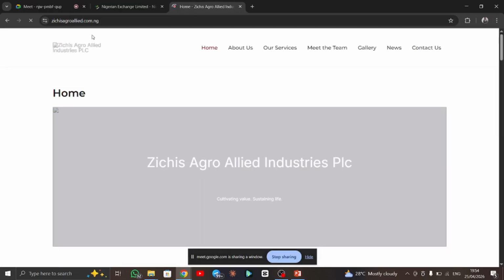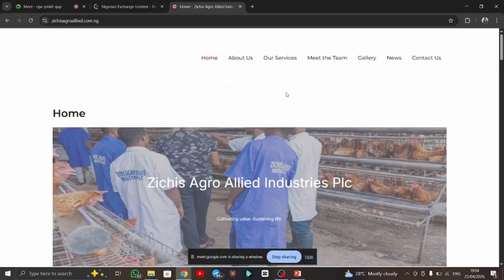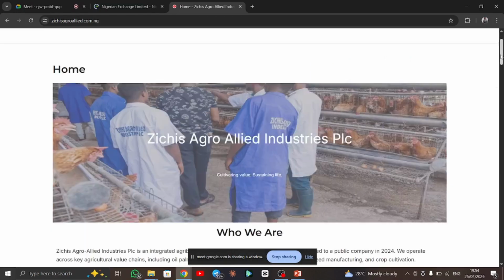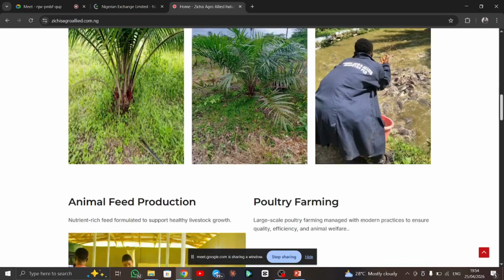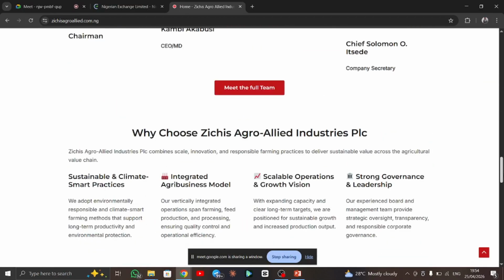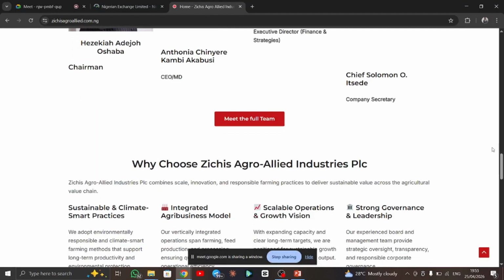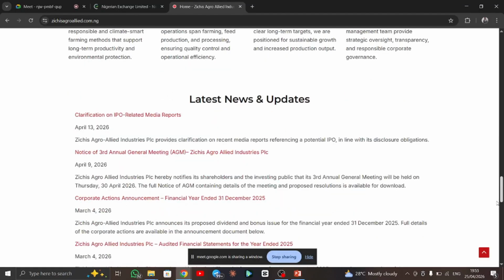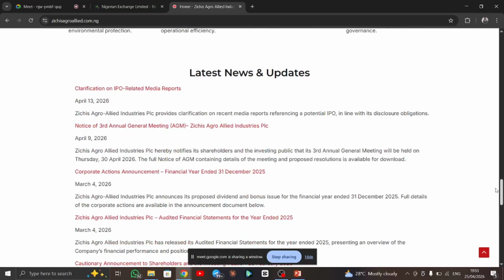So now, any public listed company, this is that agro company I was telling you guys about. Any public listed company must have their financial statements on their website. It's a must. You just have to look for where it is. And now we have news and updates. Okay, this one is the audited financial statement for 2025.